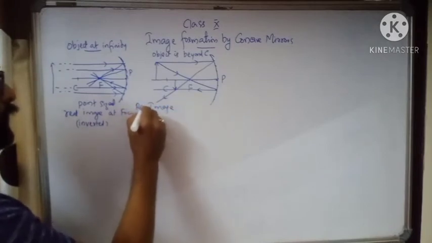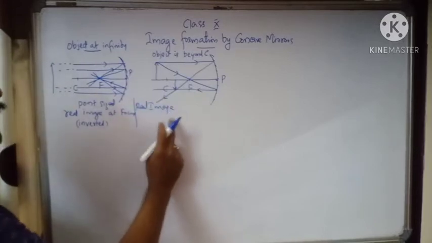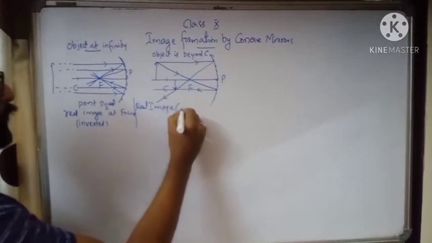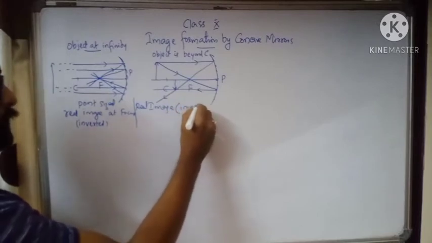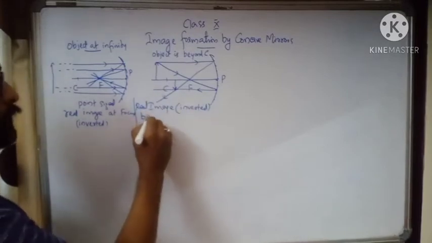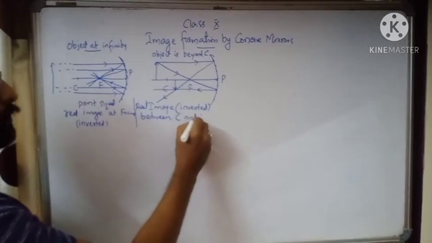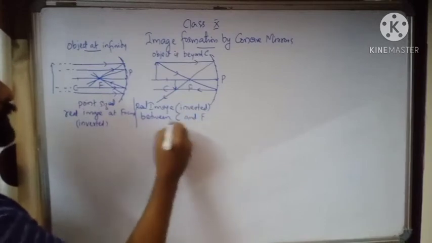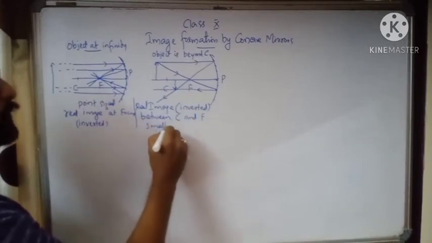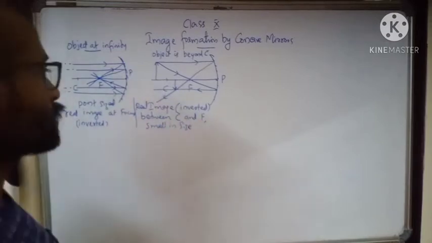Real image, in bracket we can write inverted also. A real and inverted image we will obtain between C and F, between center of curvature and focus, and small in size. Compared to the object, the image will be small in size.